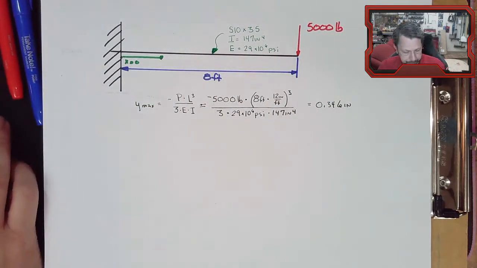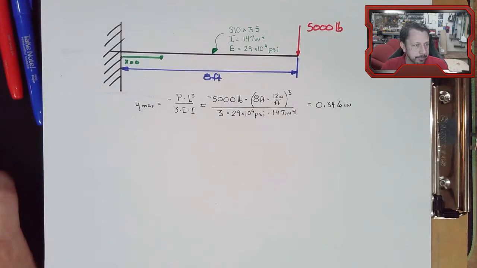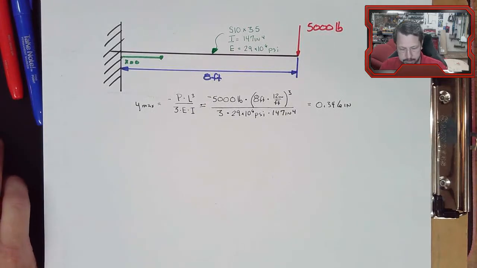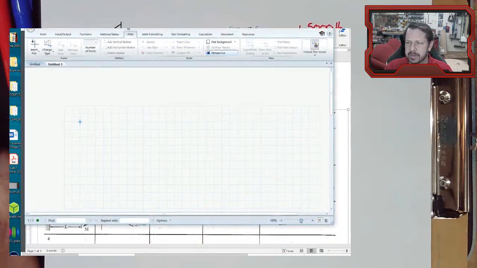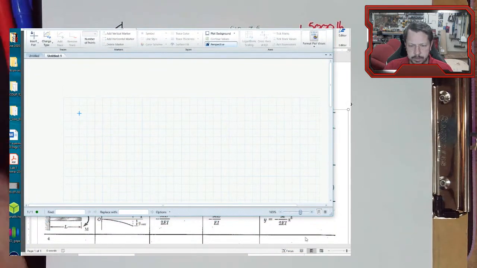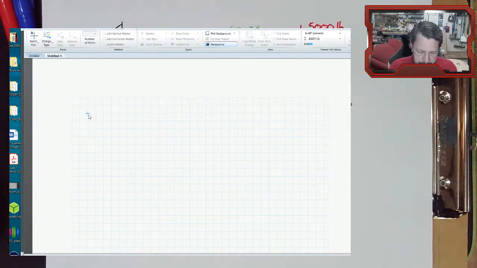Just for doing it, let's build this in MathCAD. Let me put MathCAD on your screen so you can see it. Here we go. Let me make it a little bigger. All right, we have to put our variables in. P was 5,000 pounds, or 5 kips, whichever.